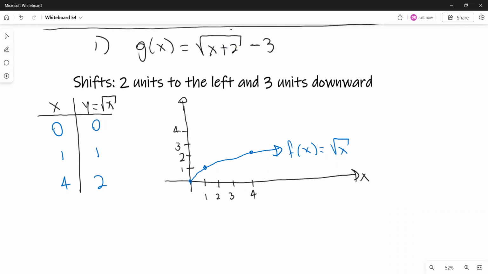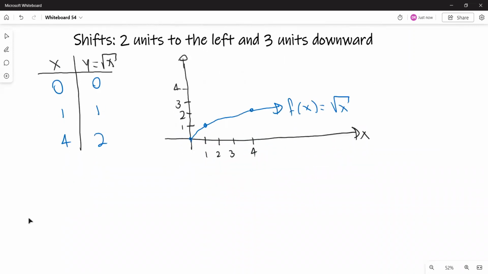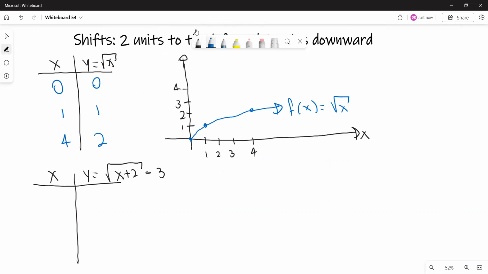So I'm going to make another table for this one. The graph shifted 2 units to the left.